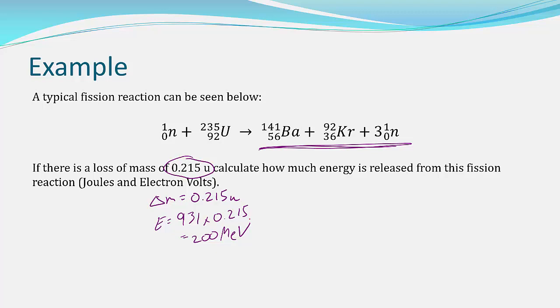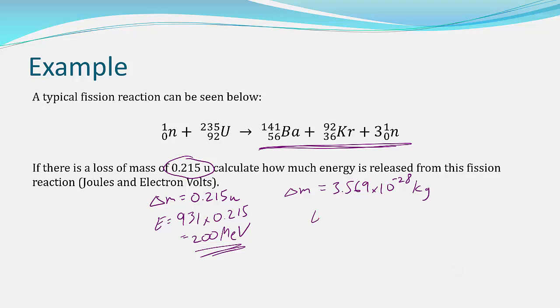Now, to get it in joules, there's a couple of ways you can do it. You can simply convert this number if you like, as we've shown before. But what I like to do is actually convert it to kilograms first, and then use E equals mc squared. So the change in mass is going to be 3.569 times 10 to the negative 28 kilograms, if you multiply u by 1.66 times 10 to the negative 27.